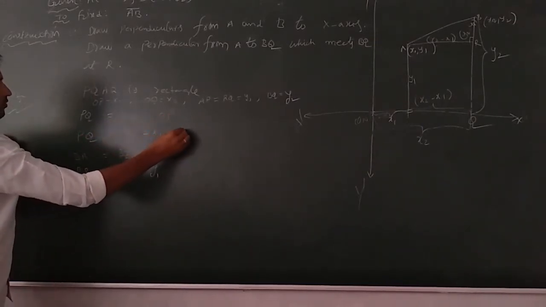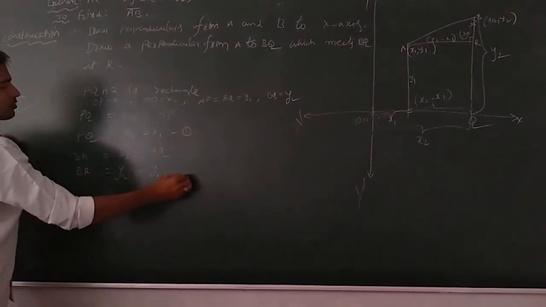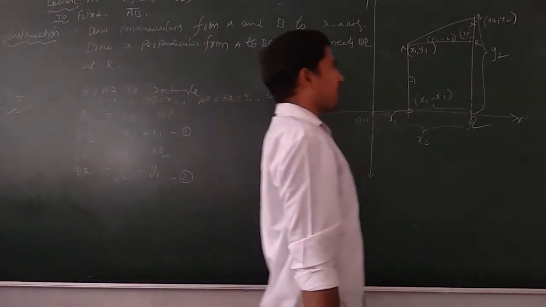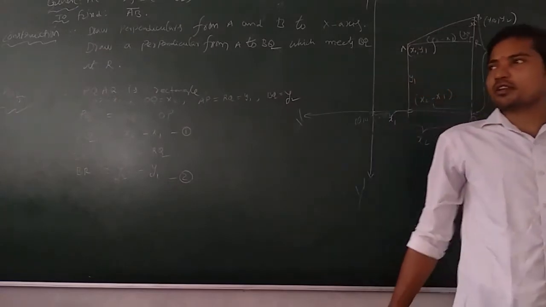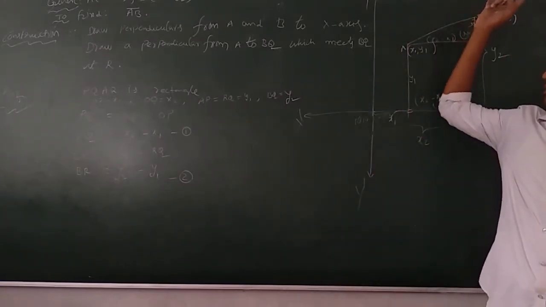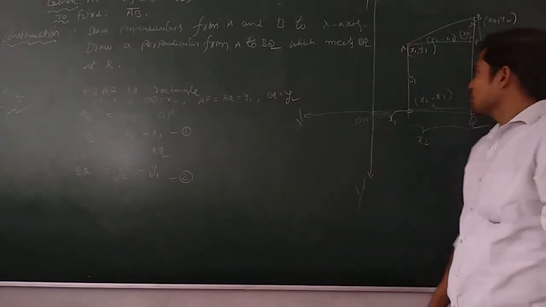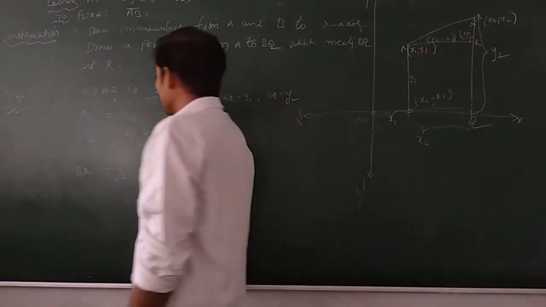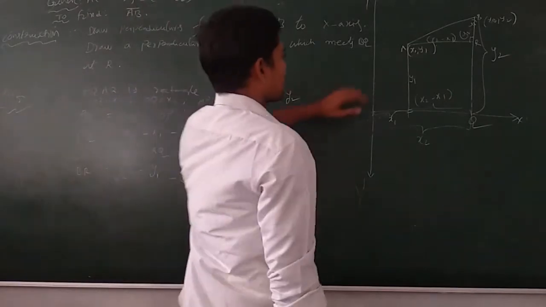Suppose this is 1, this is 2. Here our target is the distance between A and B, right? Shall I apply the Pythagoras formula here? What is the Pythagoras formula for this?